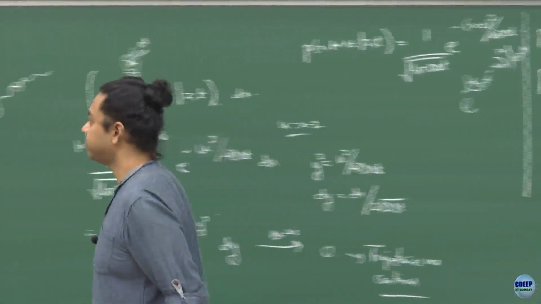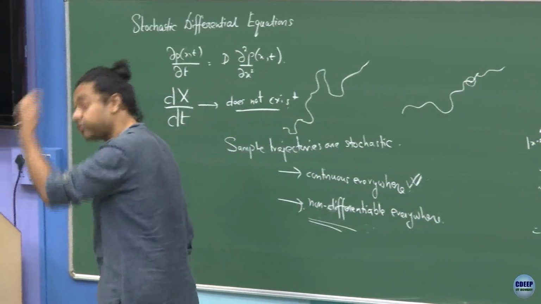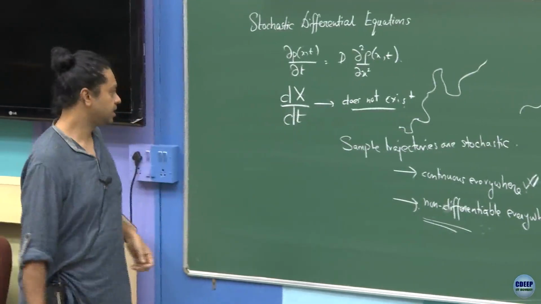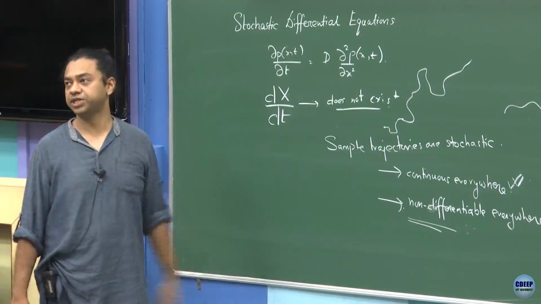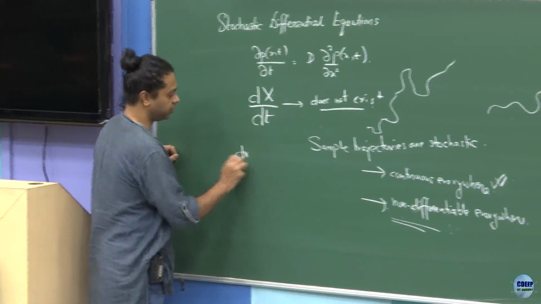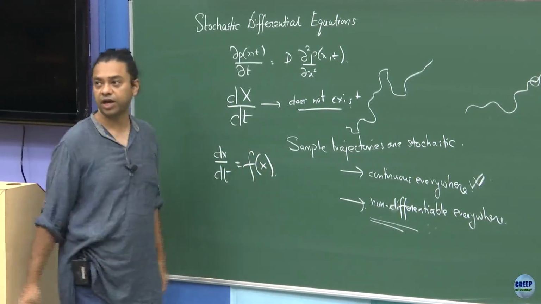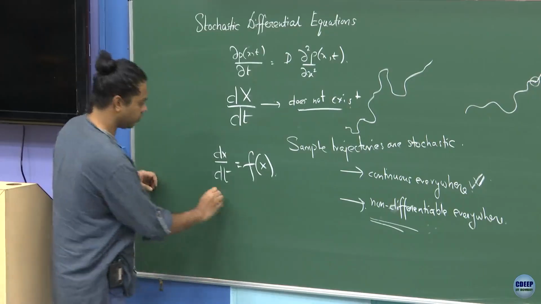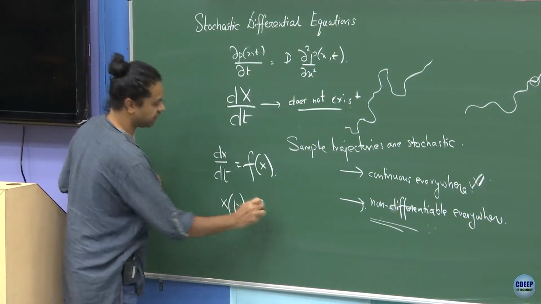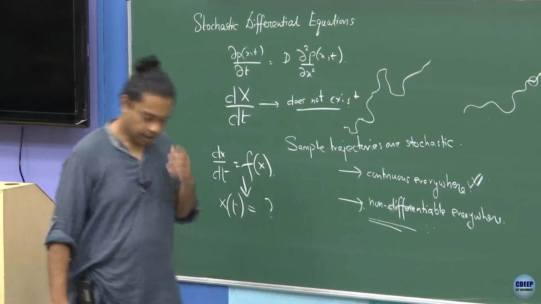What that means is that, in contrast to ordinary mechanics, I cannot write down an evolution equation for the coordinate of this diffusing particle. Generally, what would I do? I would write down some equation of motion, right? dx by dt is some f of x. I would solve this equation and say what x would be as a function of time at some future time. I can go from here to here.